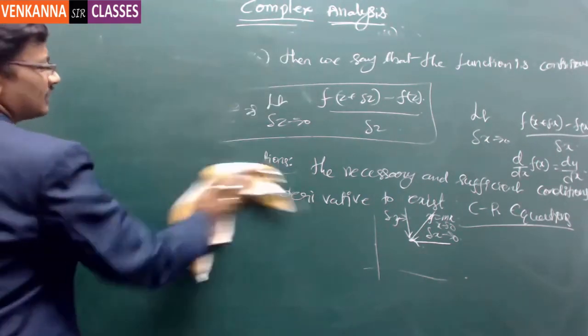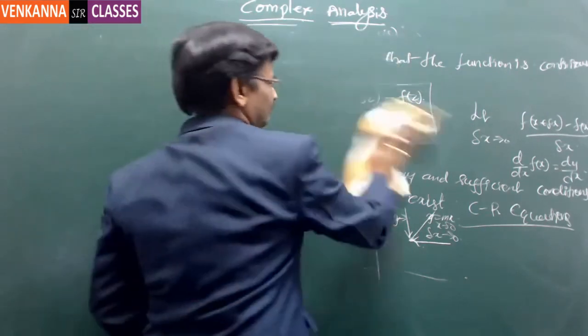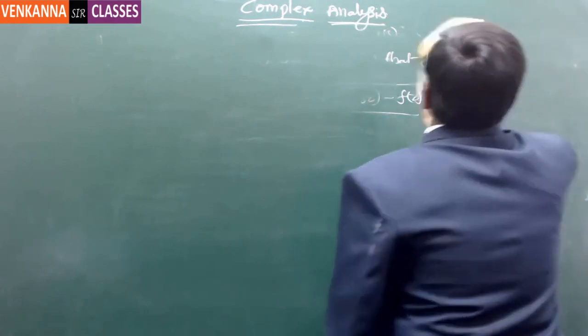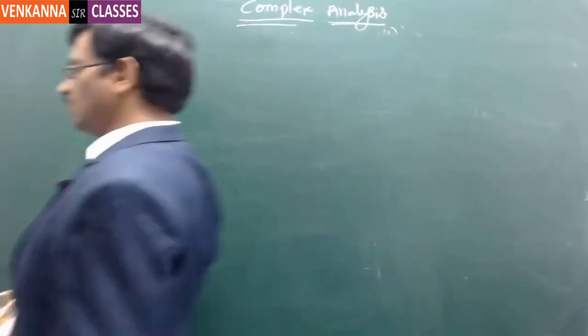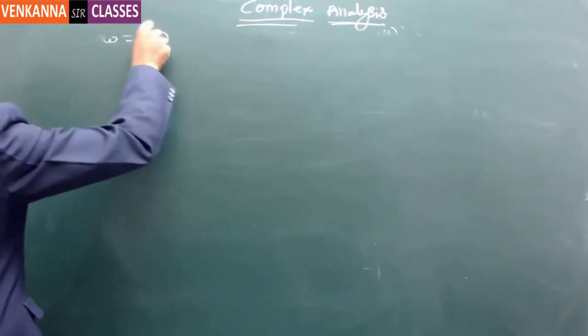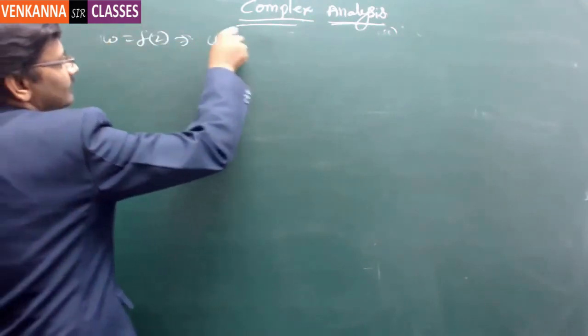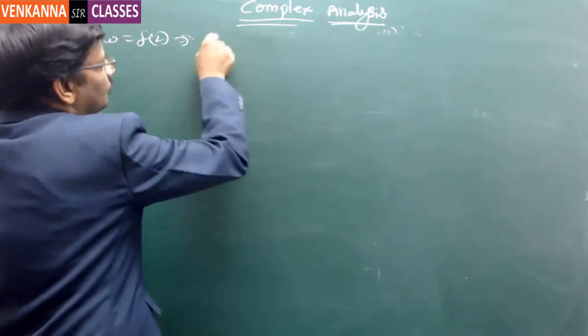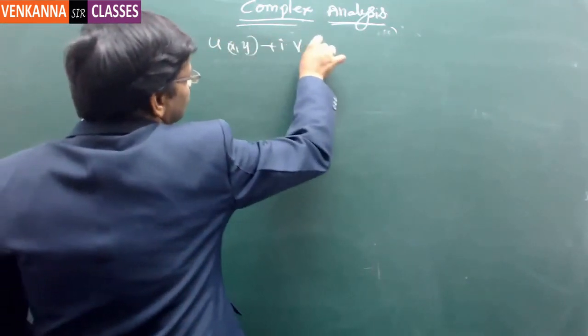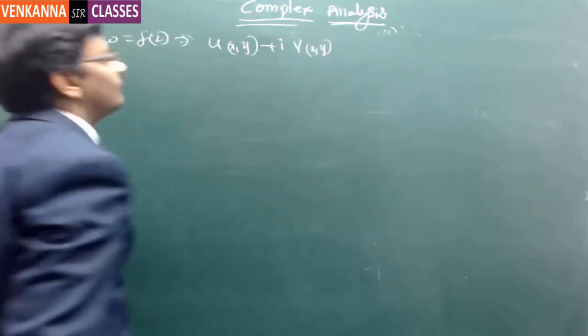Now we see this function. So w is equal to f of z, nothing but u plus iv, where u is a function of x comma y plus i times v, a function of x comma y. So u and v are functions.